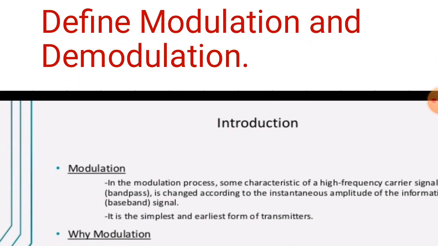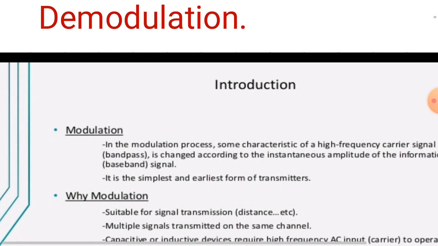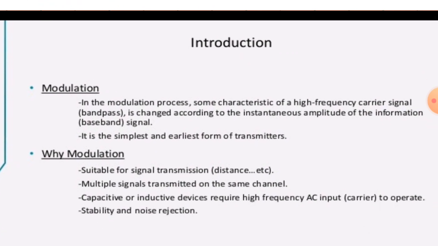The next question is, define modulation and demodulation. Modulation is the process in which some characteristic of a high frequency carrier signal, that is band pass, is changed according to the instantaneous amplitude of the information, that is the baseband signal. It is the simplest and earliest form of transmitters.